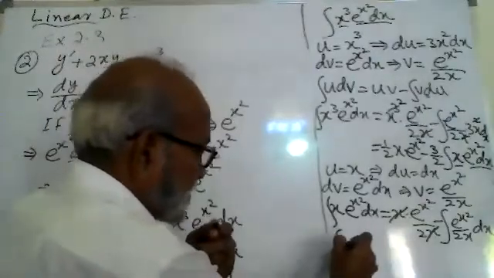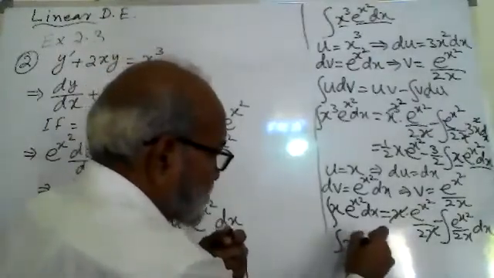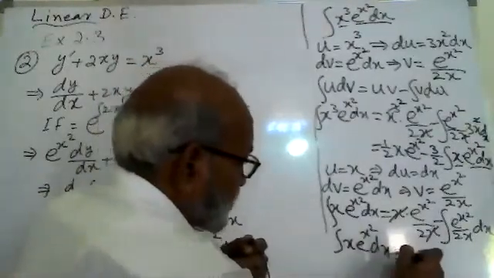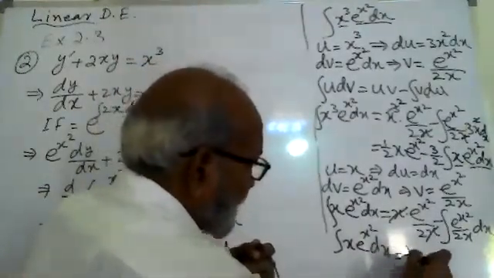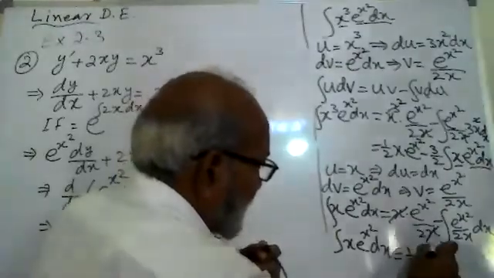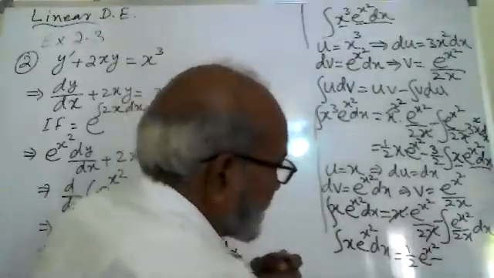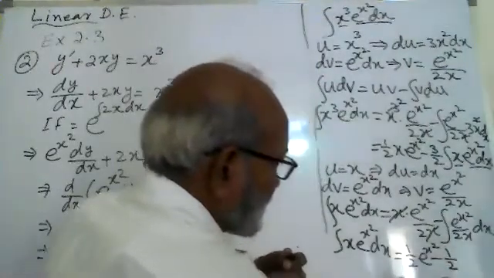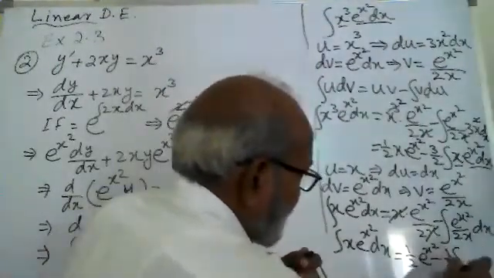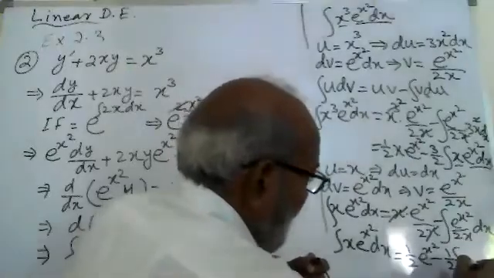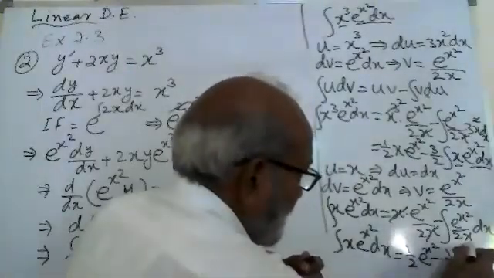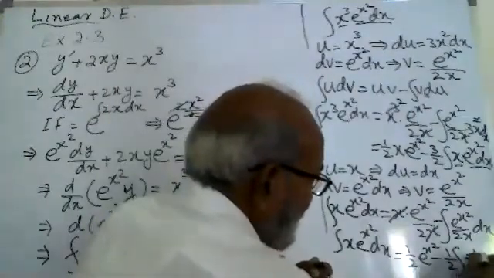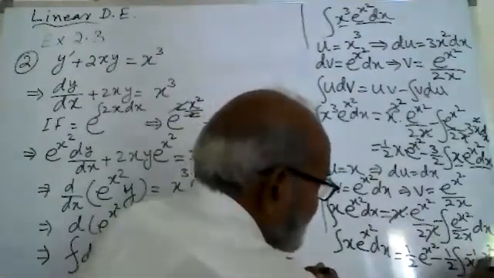So integral x e raised to power x square dx is equal to 1 over 2 e raised to power x square minus, this is also 1 over 2 into x upon x means x raised to power minus 1 into e raised to power x square dx.